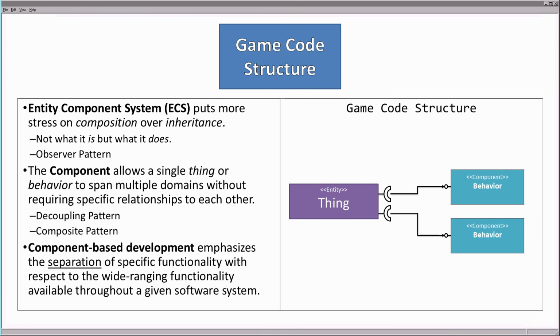It is a decoupling pattern and has much in common with the composition pattern, where programming objects are composed of other programming objects. Component-based development emphasizes the separation of specific functionality with respect to a wide-ranging functionality available throughout a given software system.